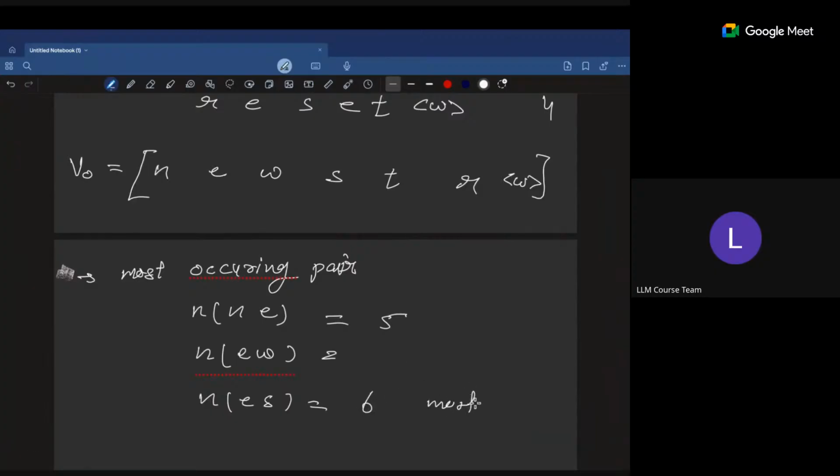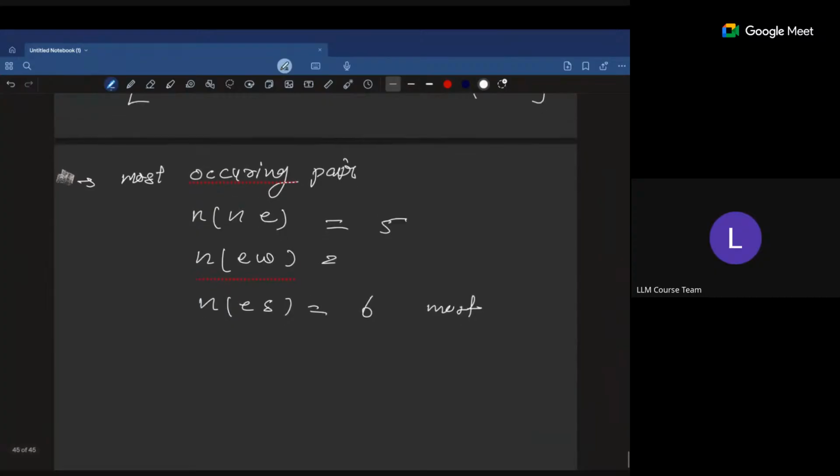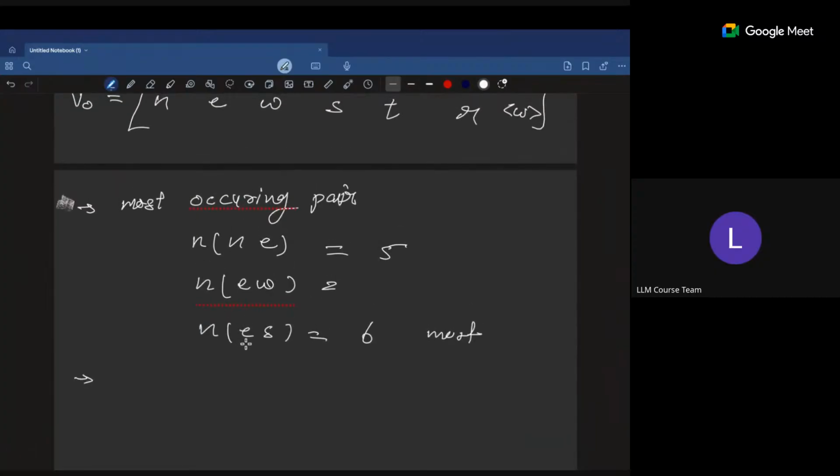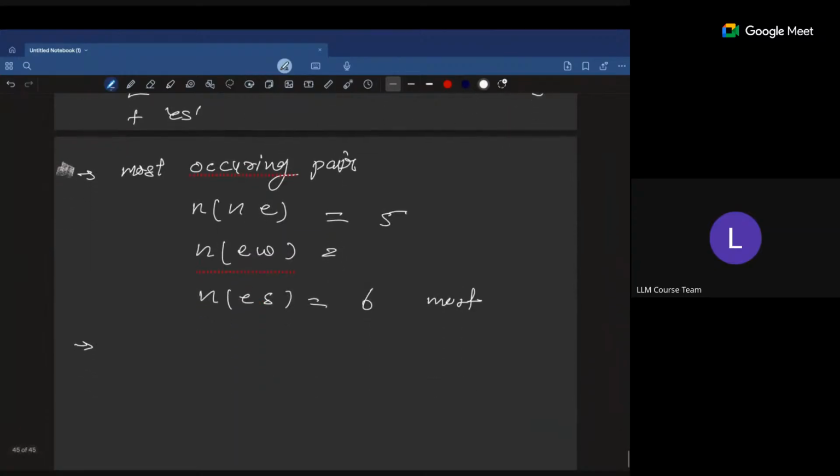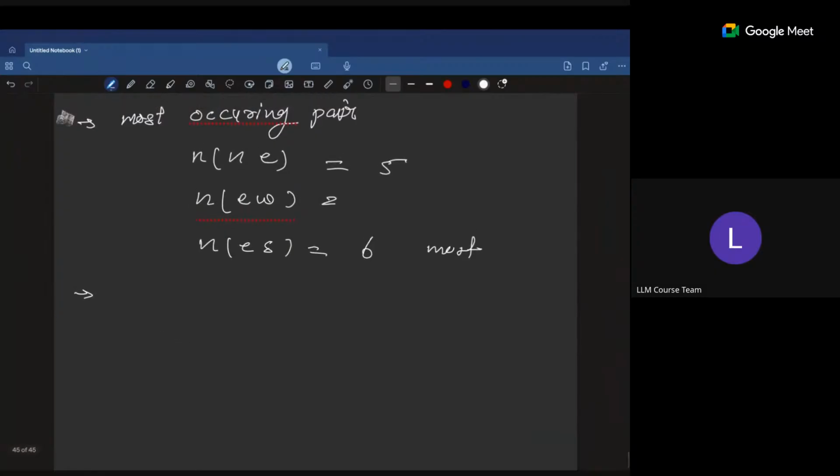Okay. So what I will do in the next step, for every occurrence of ES, I will replace it with a new token. Okay, so I will add a new token to my vocabulary, and that token will be ES.